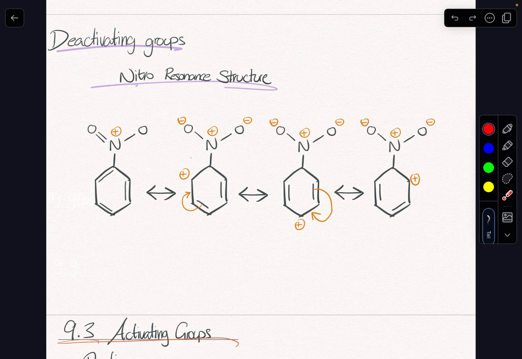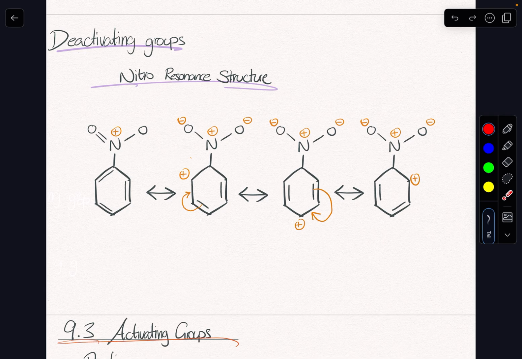This one decreases the electron density in the benzene ring, whereas the other one increased it. The meta position is the least electron deficient, as you can see by the curly arrows that I've shown below. The electrons are mainly withdrawn from the ortho and the para positions, so the nitro groups in the benzene ring are extremely deactivating and very meta-directing.